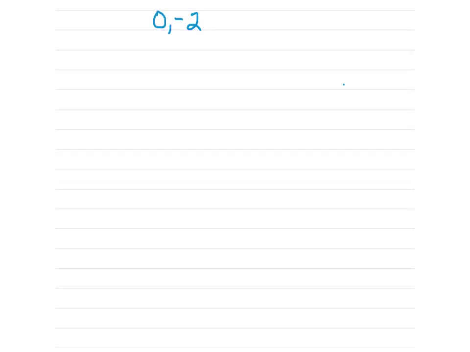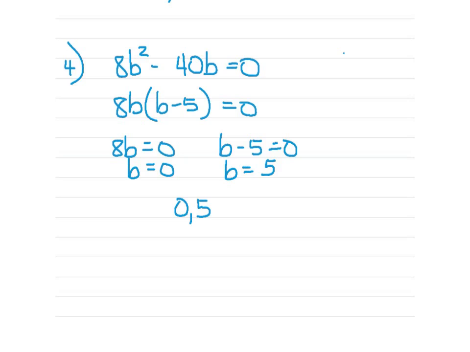Okay, try number 4 on your own. Number 4, 8b squared minus 40b is equal to 0. Hit pause, work this problem out, and then check your answer. The roots for number 4 are 0 and 5.